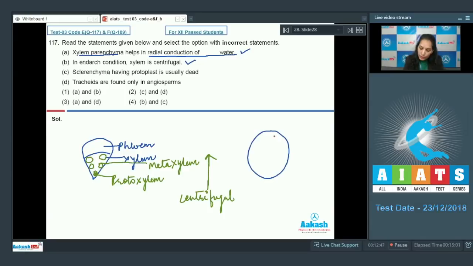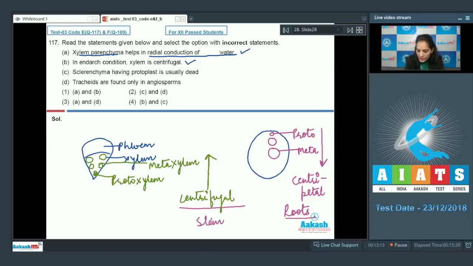When you see the section of root, you always make xylem this way. So this is protoxylem and this is metaxylem. So growth of xylem is towards the center, which is called centripetal growth of xylem, which is seen in case of roots, and centrifugal growth is seen in case of stem.